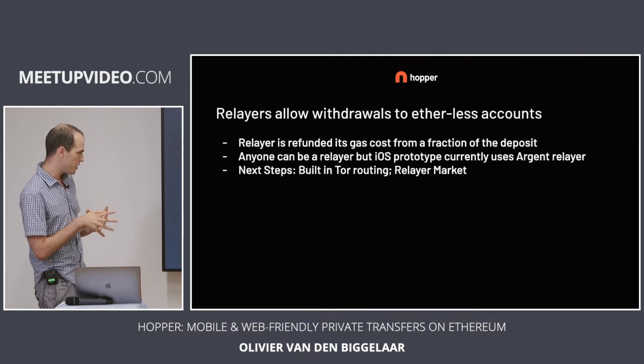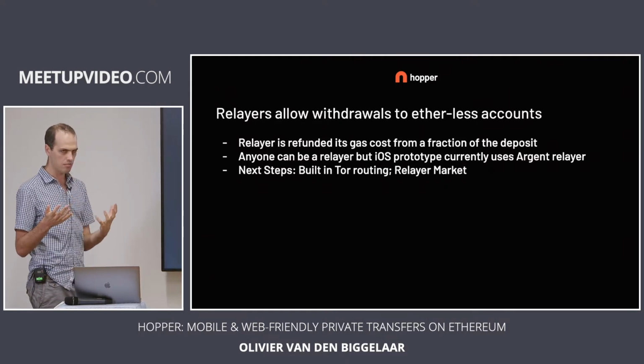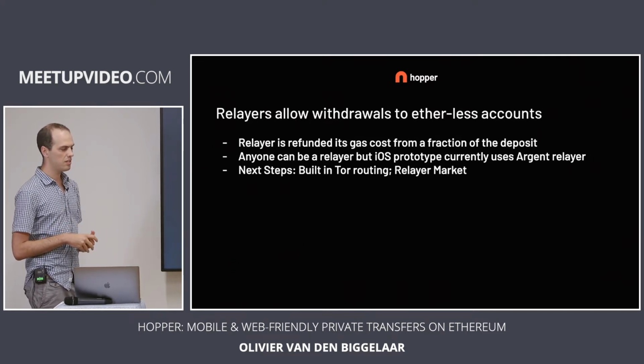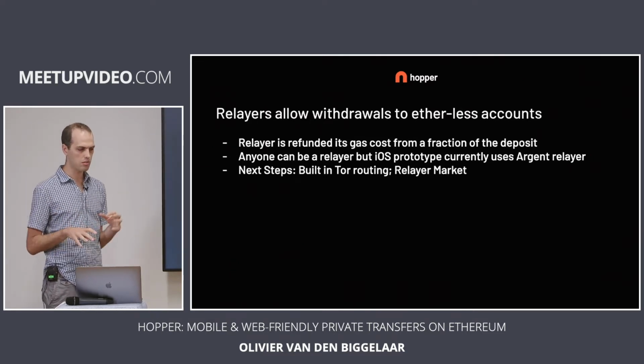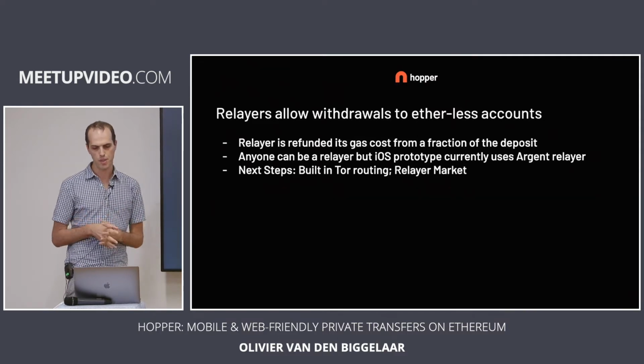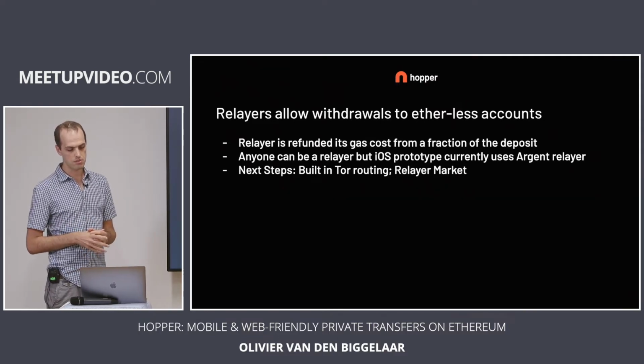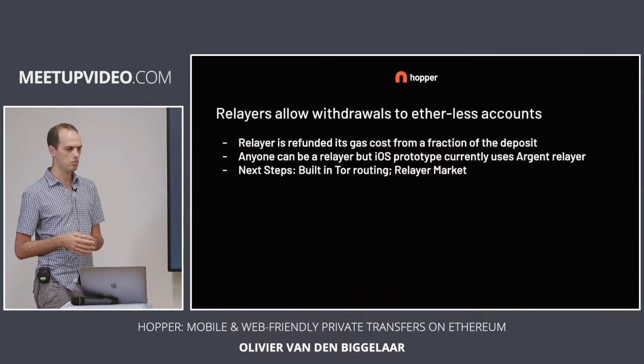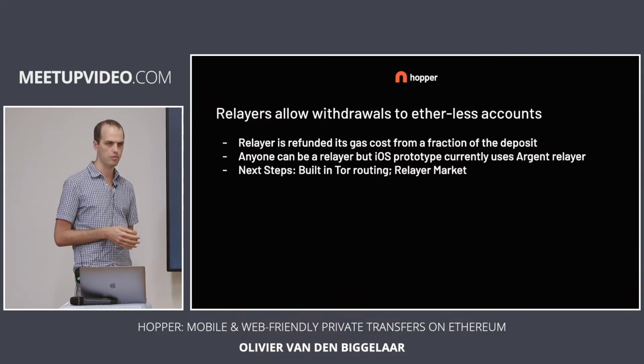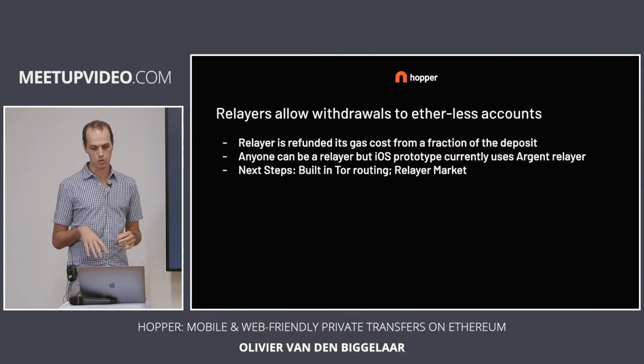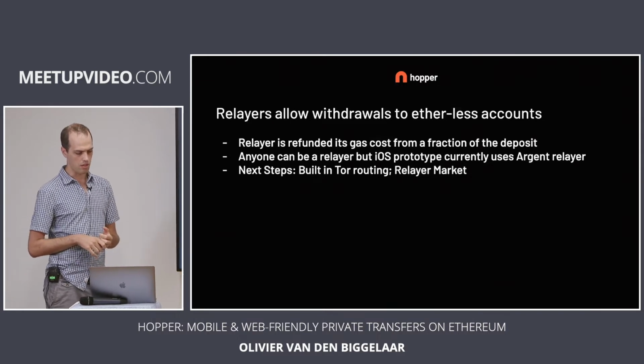And for guaranteeing the reliability of the service, we maybe want a decentralized registry of relayers, where you have competing relayers that you can pick from. Maybe something a little bit similar to the gas station network, but that's definitely an open question and something that's being discussed.